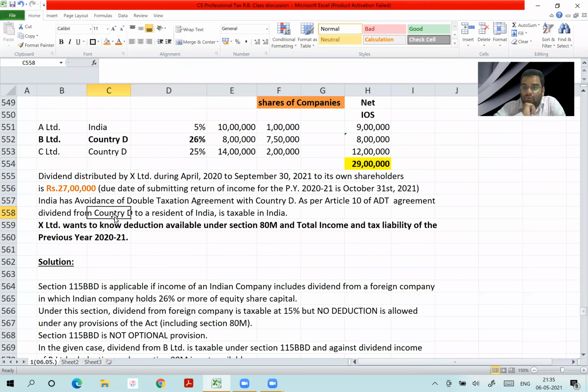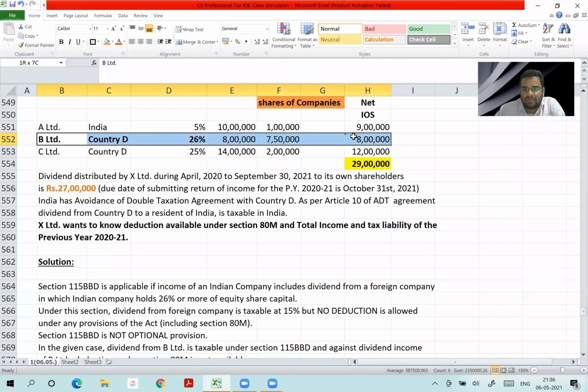Very good. You are saying 21 lakhs. But why not 29 lakhs or 27 lakhs, whichever is less? Why not that? Not that, because no deduction is allowed for dividend from a specified foreign company. Yes or no?